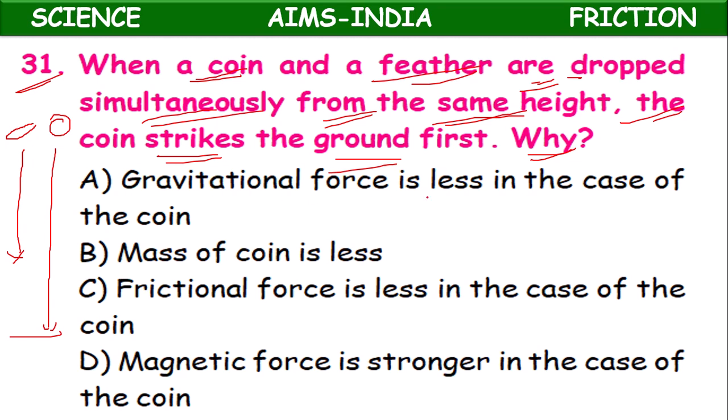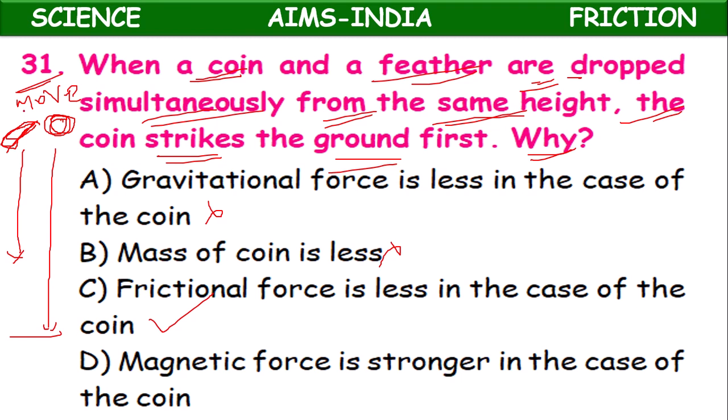Gravitational force is less in the case of the coin. Wrong. Mass of the coin is less. Wrong. Frictional force is less in the case of the coin. This is correct, children. Why? Because the area of contact between the feather and air is more compared to the area of contact between the coin and air.